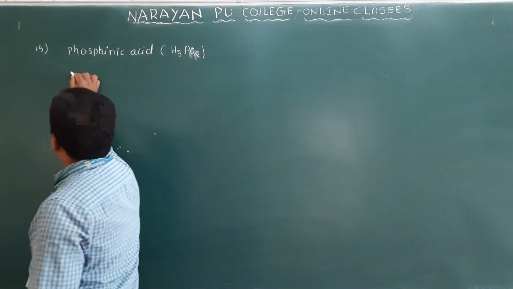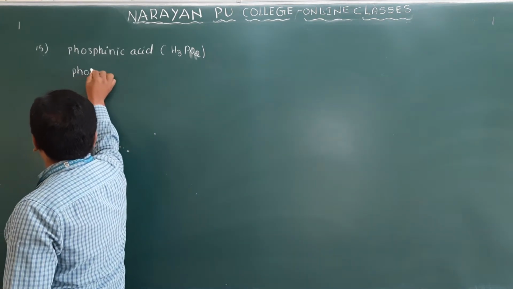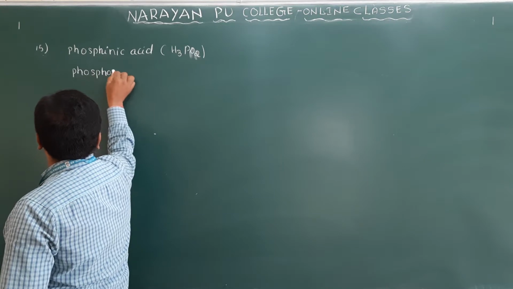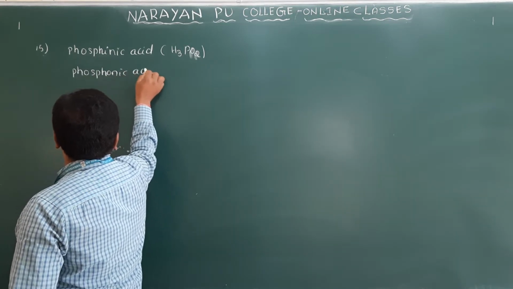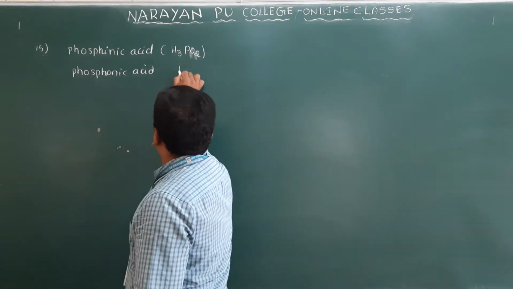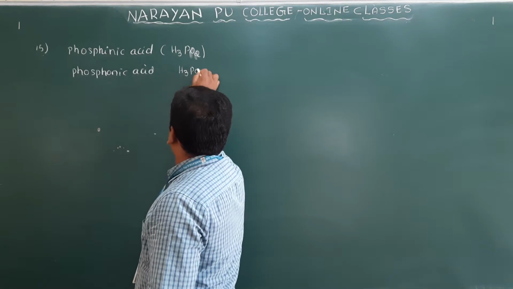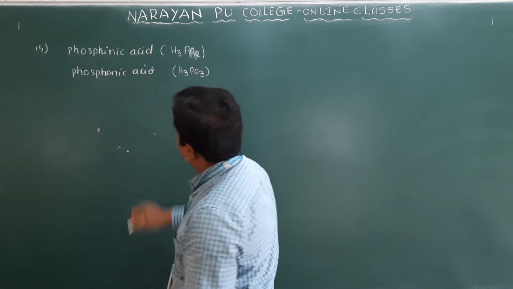The other, phosphonic acid, means H3PO3, phosphorus acid. This is clear.